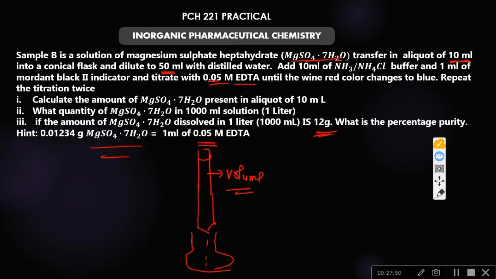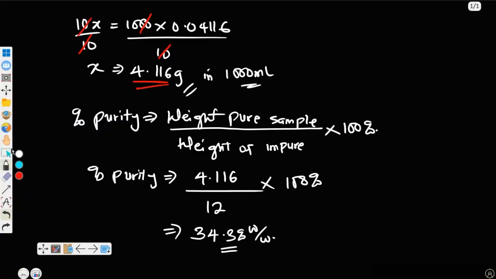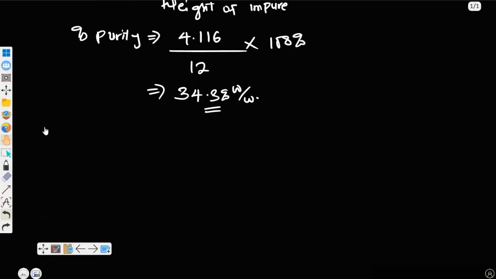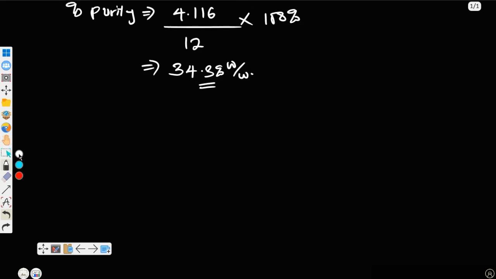Then B is called assay of magnesium sulfate heptahydrate using EDTA. I told you the two experiments, that is their title, not complexometric titration. If you just write complexometric titration, you'll be wrong.